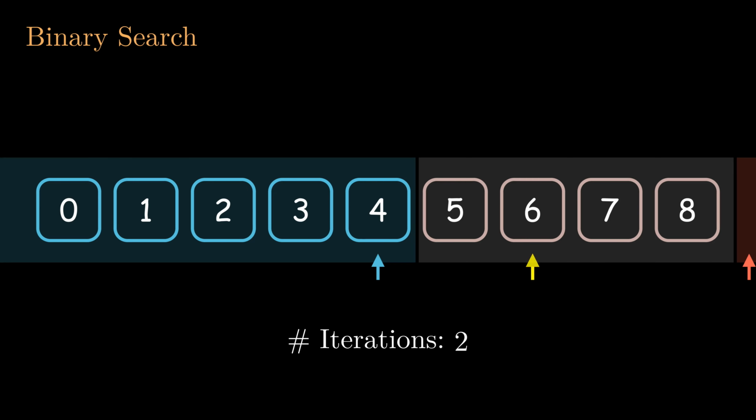If we continue this operation by checking the color of the elements in the centermost position of the gray area, we can see it is red, which means this element and all the elements to its right are red. Then, we can extend the red region all the way to its position. We can repeat this operation until we find the border of the blue and the red regions. This is the binary search algorithm.